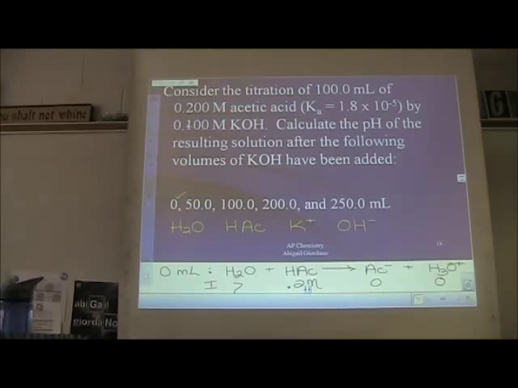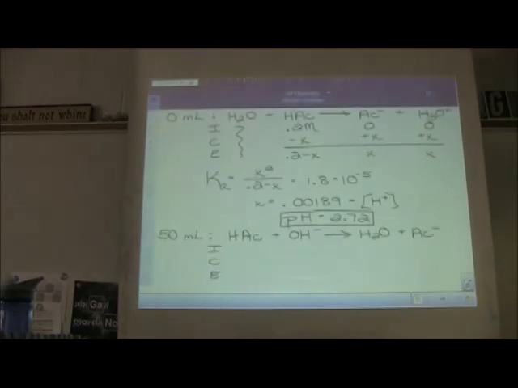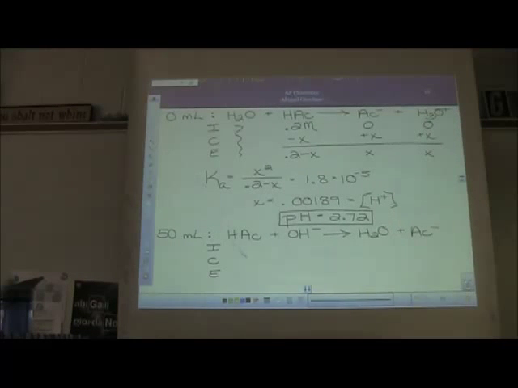What do I got? 0.2 molar and 100 milliliters. Okay, 0.02 moles or 20 millimoles. But if you don't like millimoles, 0.02 moles is just fine.